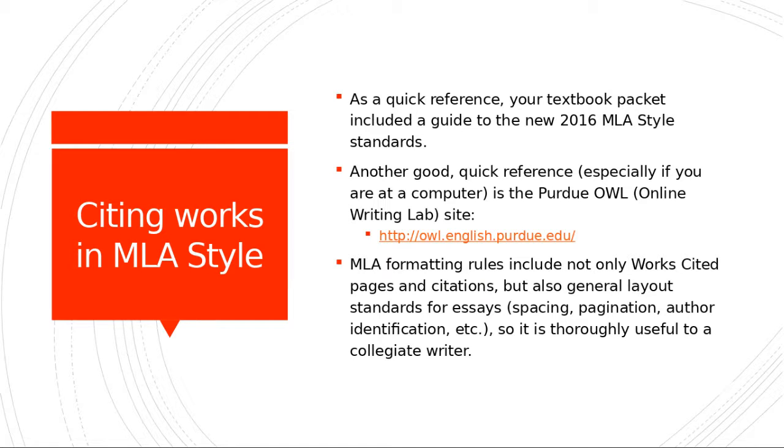In order, these sites are MLA in-text citation format, MLA basic works cited format, MLA books works cited format, MLA periodical works cited format, MLA electronic sources works cited format, and MLA other common sources works cited format. Okay? Pay attention to those, research those, internalize them. Okay? You need those when you're performing this bibliography.